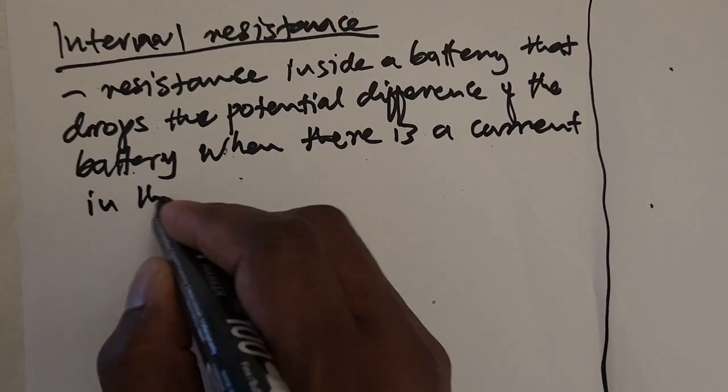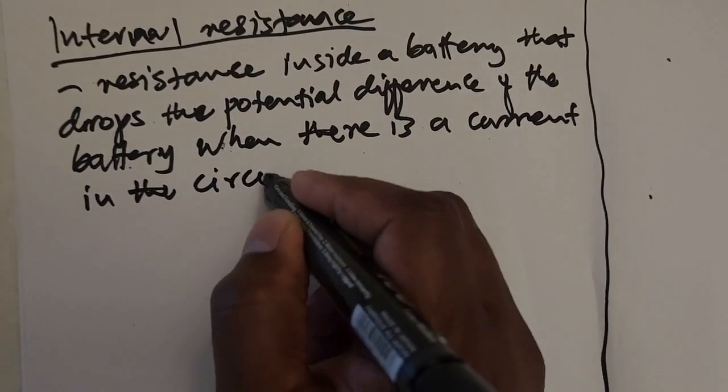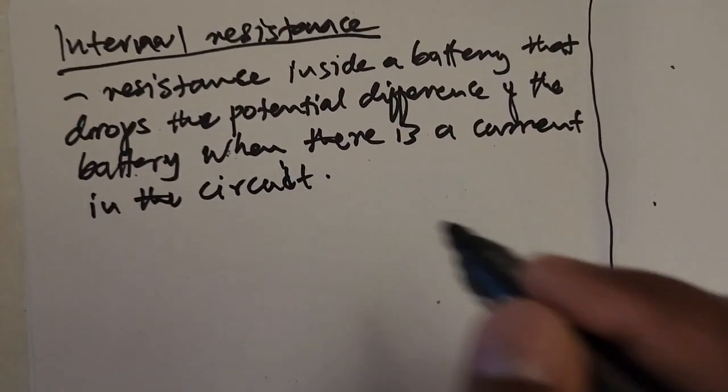When the current flows in the circuit, then the potential of the battery drops.